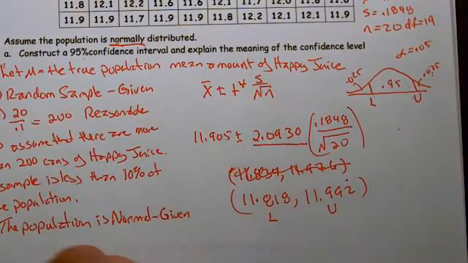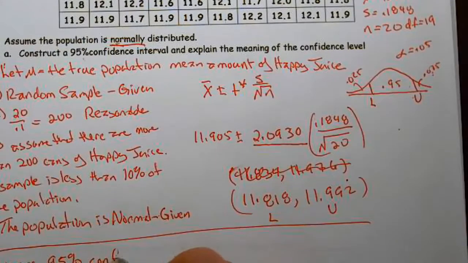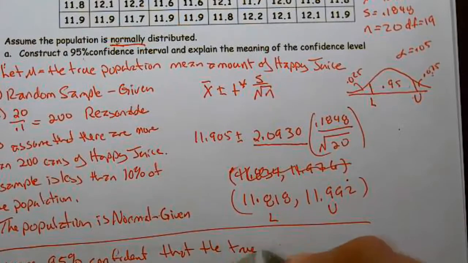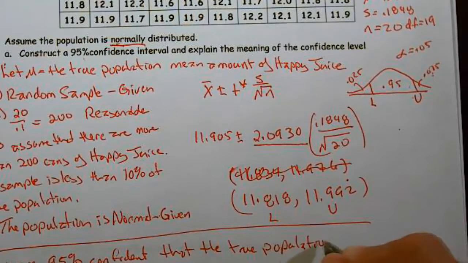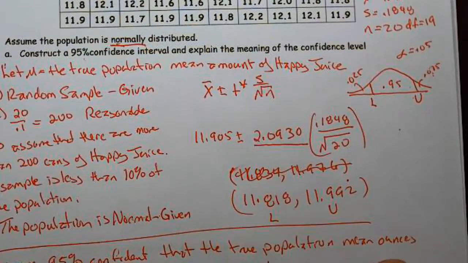So what can we say? We're going to write our conclusion, and we are 95% confident that the true population mean ounces of happy juice lies within the interval 11.818 and 11.992.